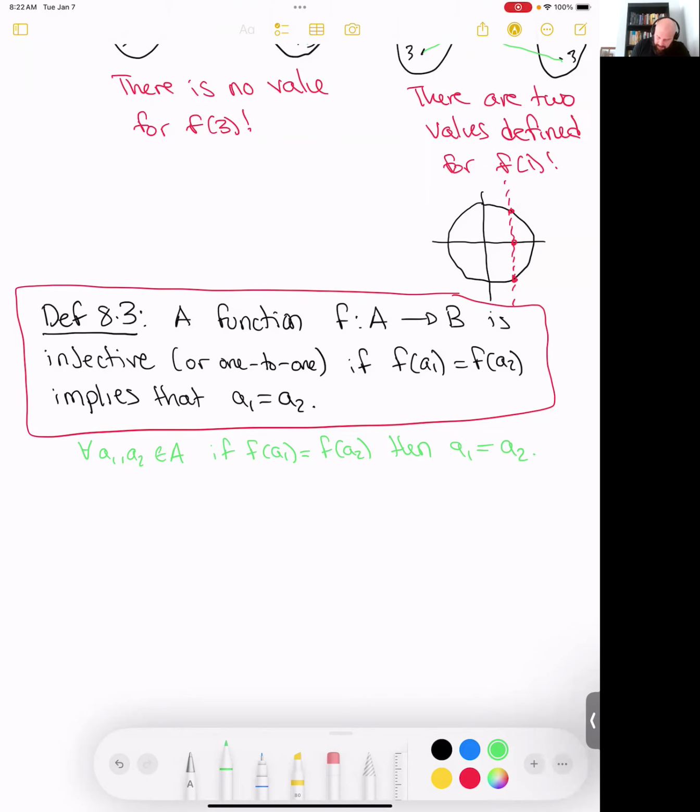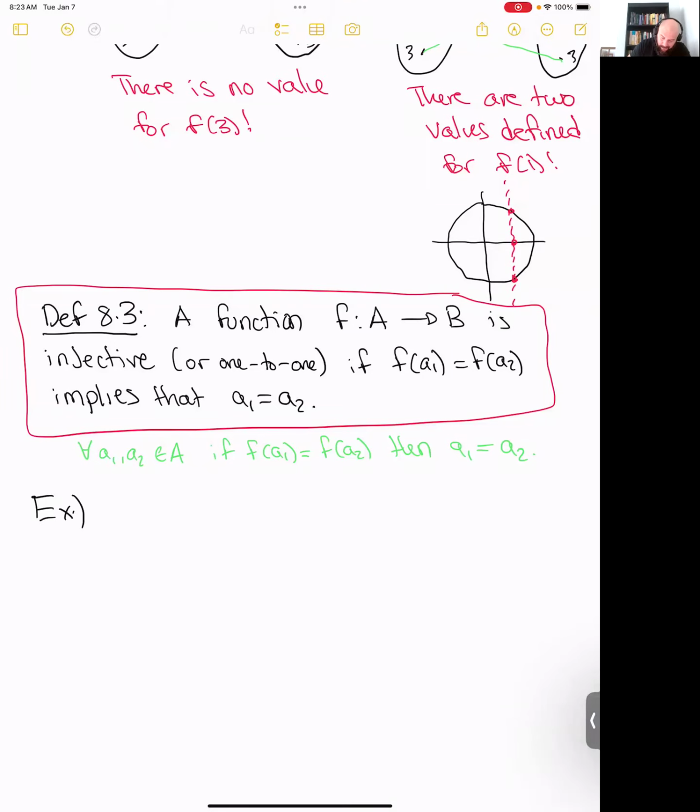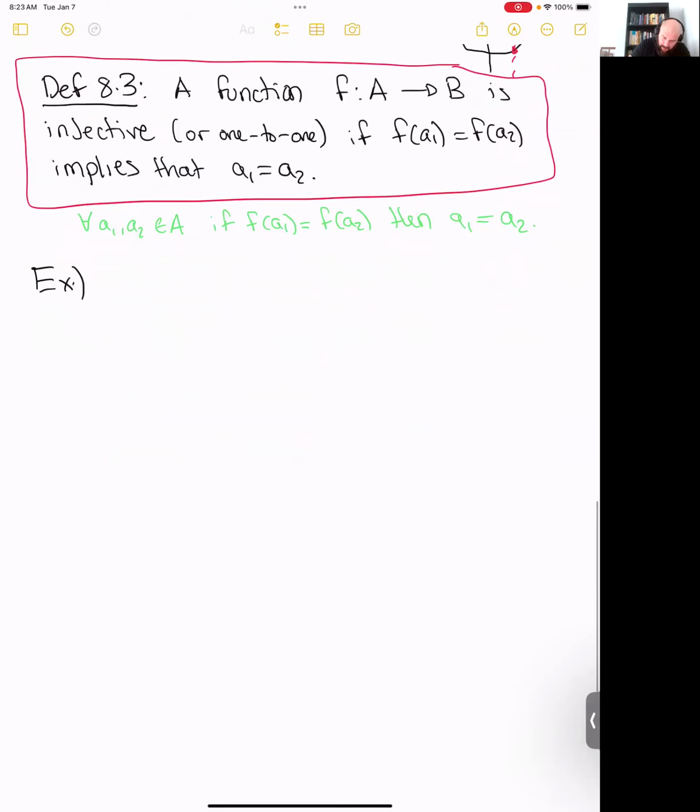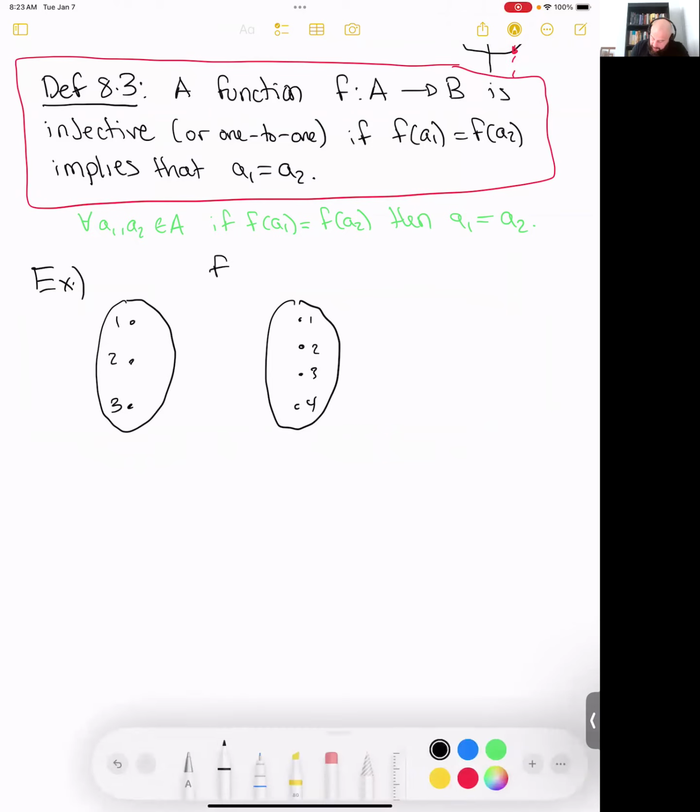So here are some examples. So first of all, if I take a function like this, starting at 1, 2, 3, going to a codomain with 4 elements, and f is going to do the following.